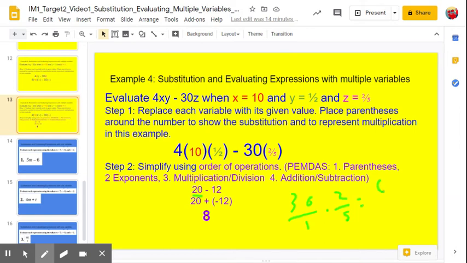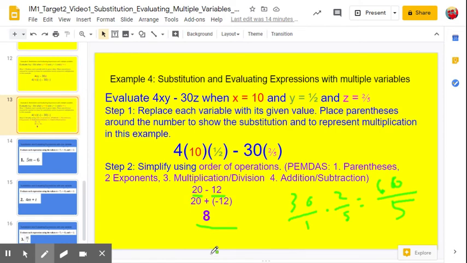That gets us 60 over 5. 5 goes into 60 12 times. So that's how we get minus positive 12. Or if we did add the opposite here, it's going to be 20 plus negative 12. And 20 plus negative 12 is how we get 8.